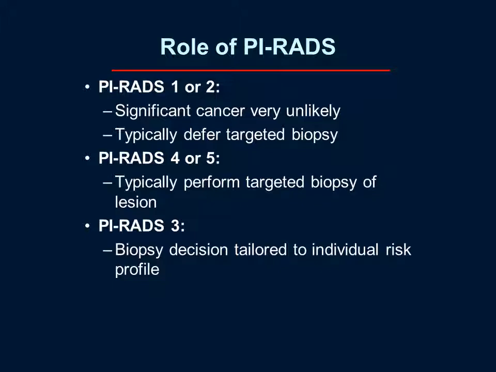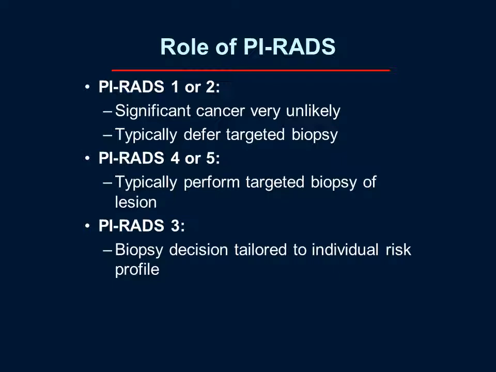In terms of the role of PI-RADS in this, for PI-RADS categories 1 or 2, significant cancer is very unlikely. A targeted biopsy of the lesion will typically be deferred given that the lesion is low risk. Nonetheless, a careful decision about performing a standard biopsy still needs to be made based on consideration of other traditional risk factors, as well as any other ancillary markers.